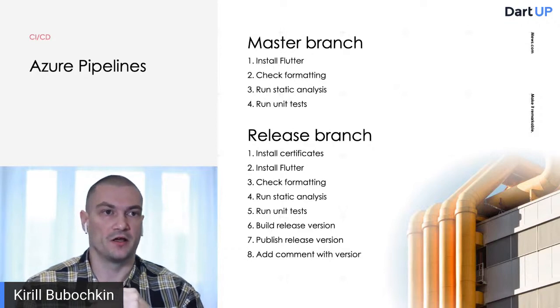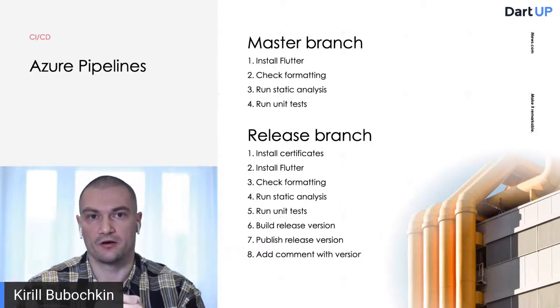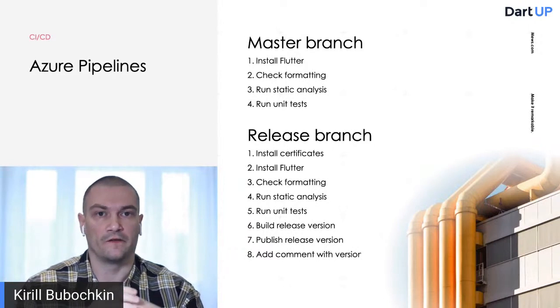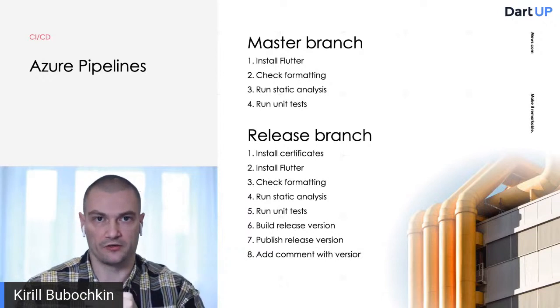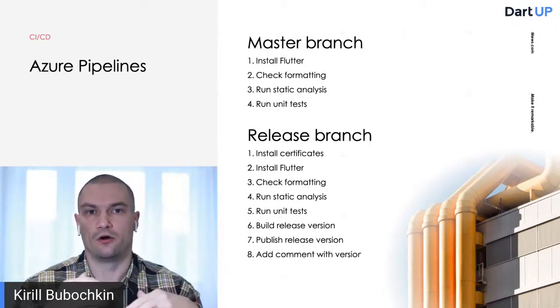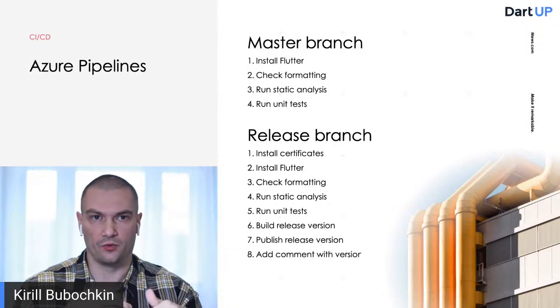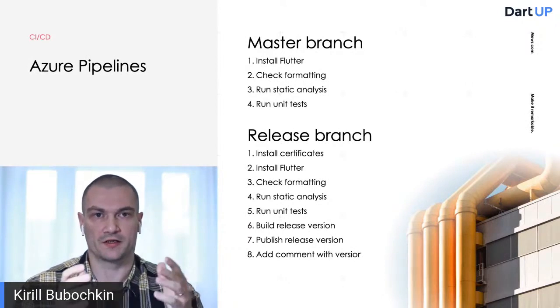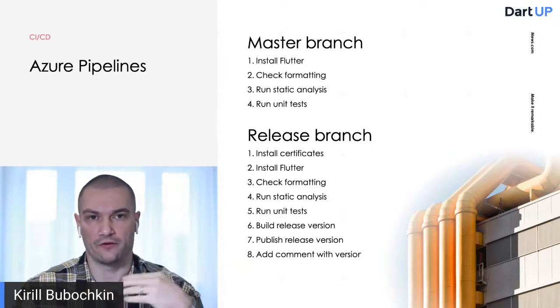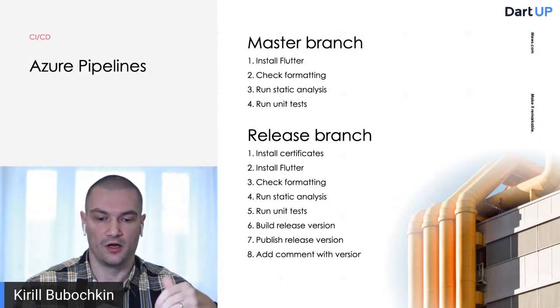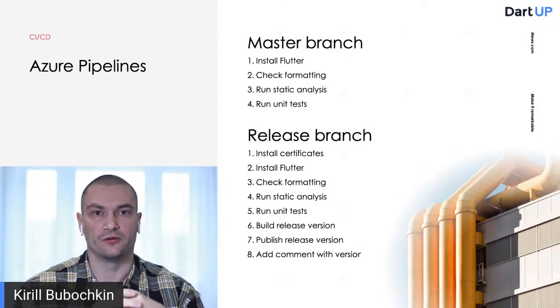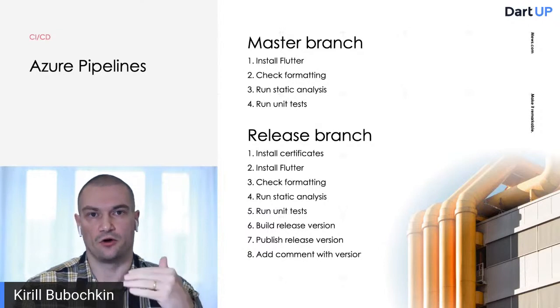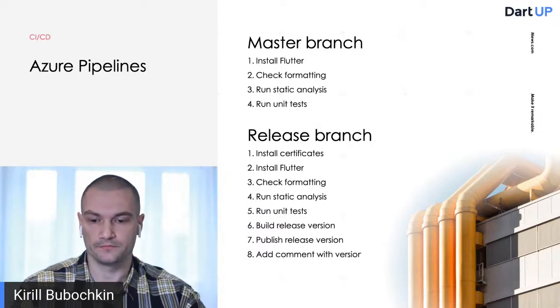And that means that if you are using Microsoft hosted agents, they don't come with pre-installed Flutter. So with each build, you need to install Flutter, and all the steps you define there will be pretty low level. So for example, for release candidates, we need to install certificates, install Flutter, run through tests and analyzer, and build the release version and publish it somewhere. And this all is on a pretty low level.